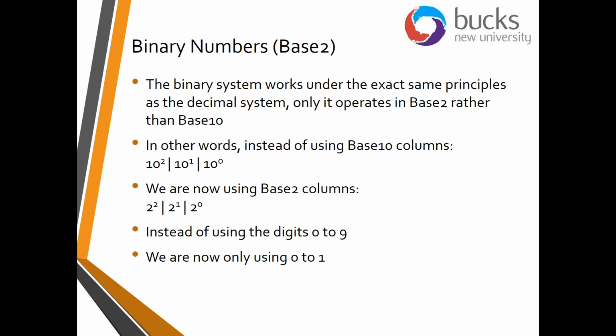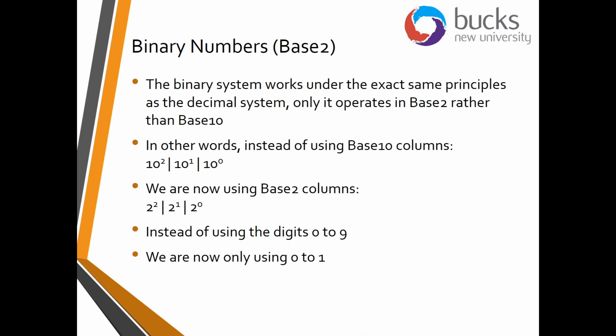2 to the 0 represents 1. 2 to the 1 represents 2, base number system. And then 2 to the 2 would be 4, because it's 2 times 2. As we move further across, we go to 2 to the 3, which would be 2 times 2 times 2, which would be 8.